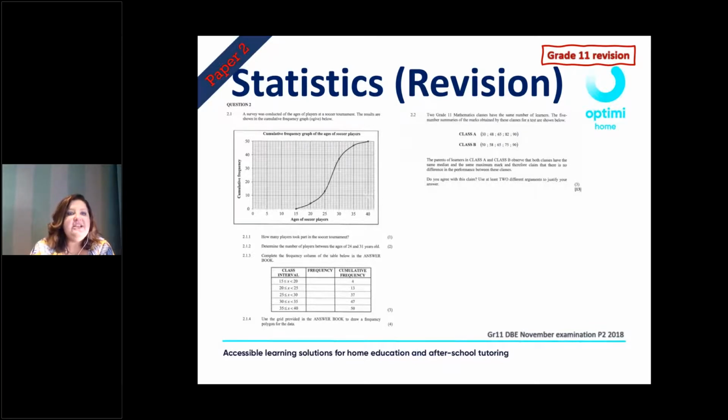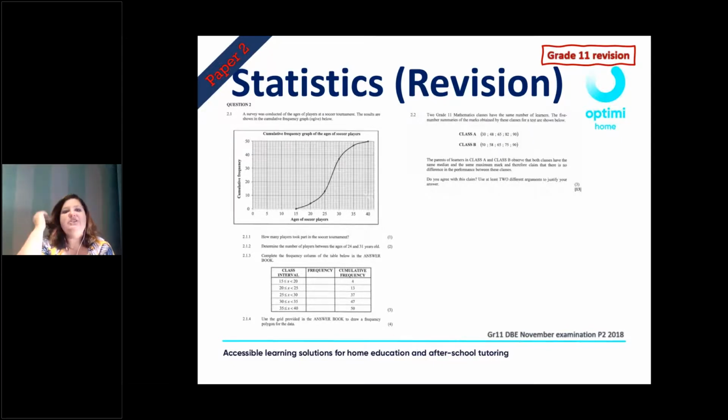In it, a survey was conducted of the ages of players at a soccer tournament. The results are shown in the cumulative frequency graph, or the ogive, below. I am going to make this bigger as we carry on with the questions. So they would like to know how many players took part in the soccer tournament.